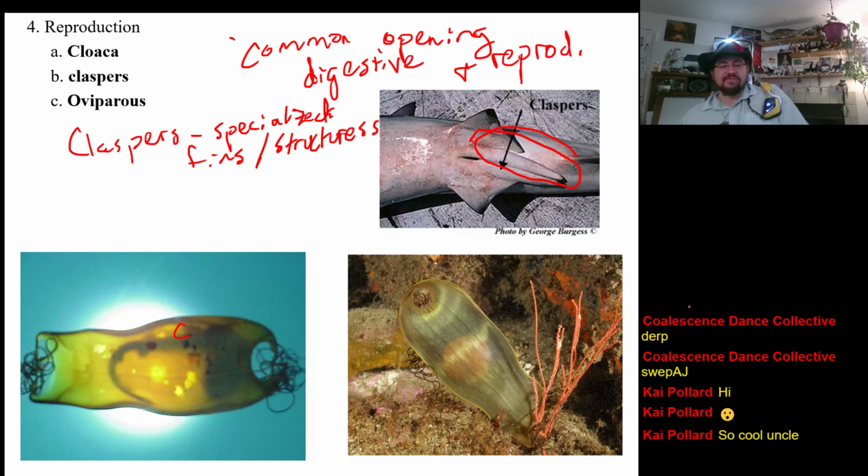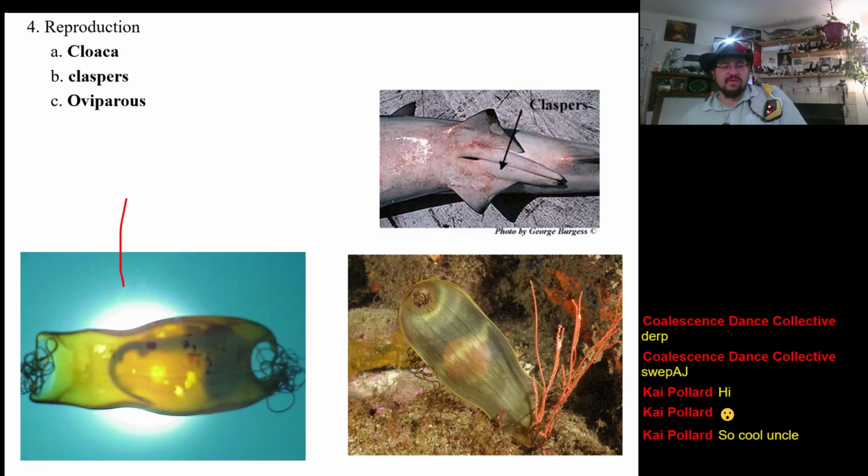So, right off the bat, if you've ever seen shark eggs, it's probably nurse shark eggs. Nurse shark eggs have an outer coating. Then you have a yolk and the baby shark developing within. This is called oviparous, egg laying.